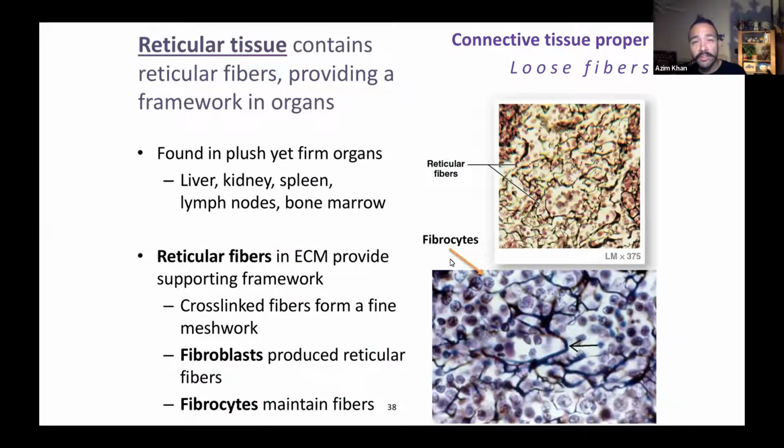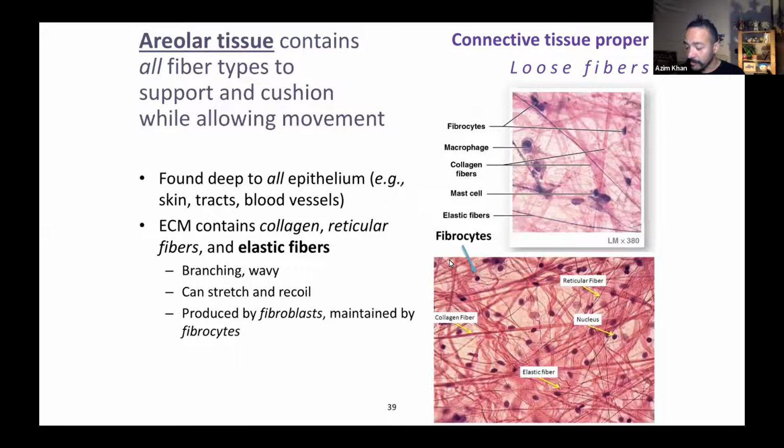Our third loose connective tissue proper is areolar connective tissue. The word areola means space. So maybe you know the word areola as a space around your nipple. That is the areolar region of your thoracic region. But areolar tissue just means it's a very spacious tissue.